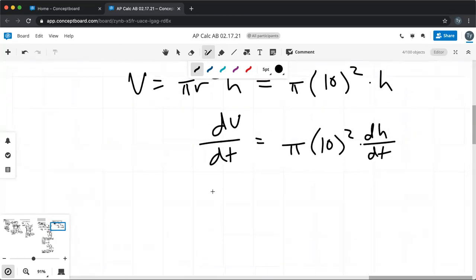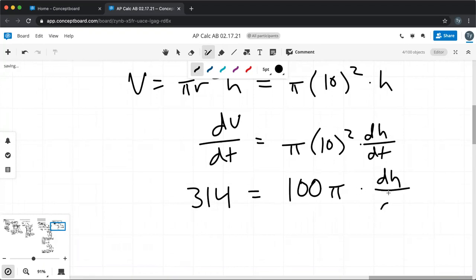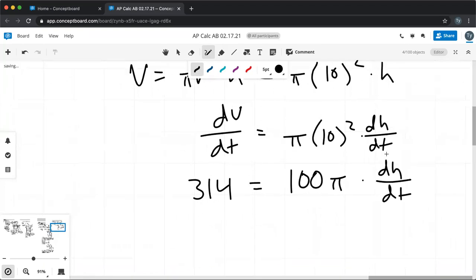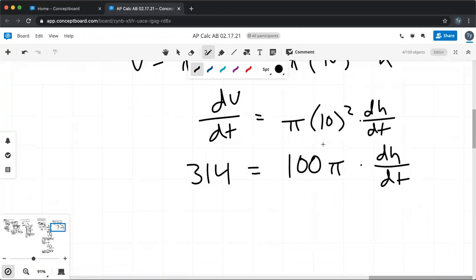Okay, we know what dV/dt is. It's 314 feet cubed per minute. And this simplifies to 100 pi. And this is what we're trying to find, dh/dt. So we divide both sides by 100 pi and we get, well, I'm not going to put it in a calculator.